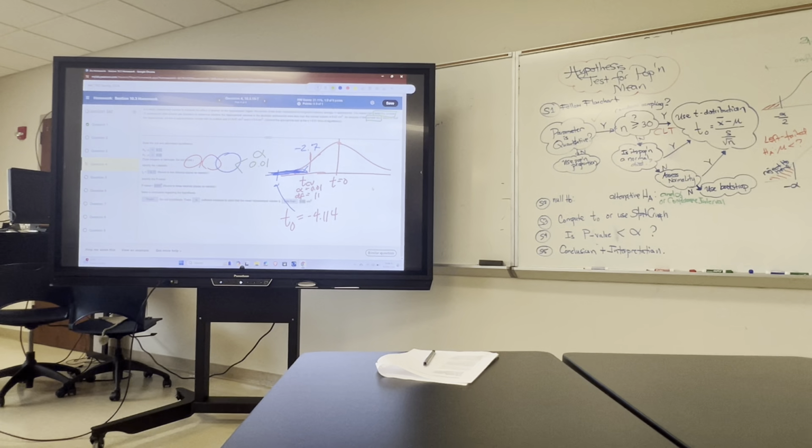But again, we don't directly accept that alternative hypothesis. We just say rejecting the null hypothesis. Again, rejecting the null hypothesis doesn't necessarily mean that we accept the alternative. But there is sufficient evidence to support the alternative hypothesis. Okay? So as you may notice in here, that's negative 4.11, 0.0009, which is 0.001.